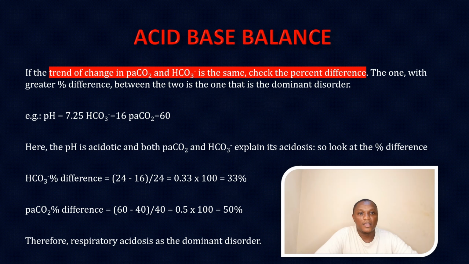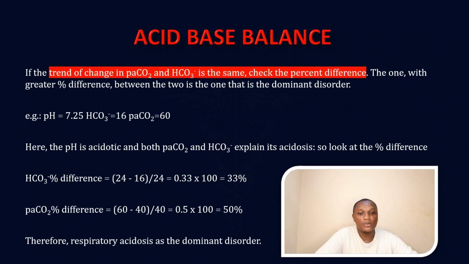dominant disorder. For example, you can be given a pH of 7.25, bicarbonate of 16, and partial carbon dioxide of 60. So here the pH is acidotic. Both carbon dioxide and bicarbonate explain that it is acidosis. So we need to look at the percentage difference.